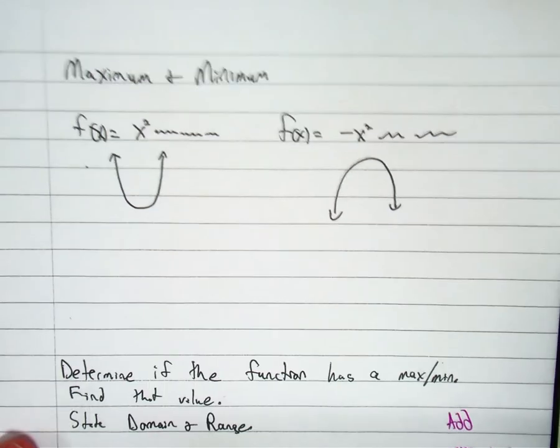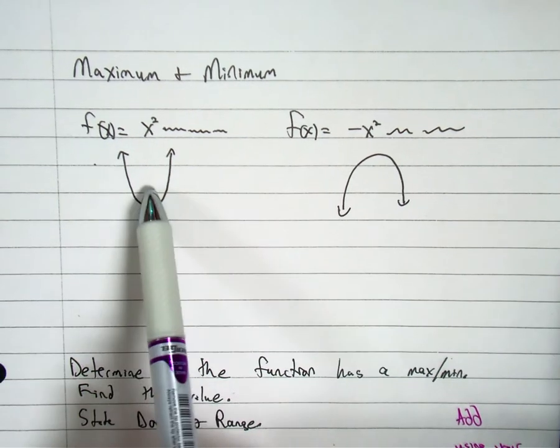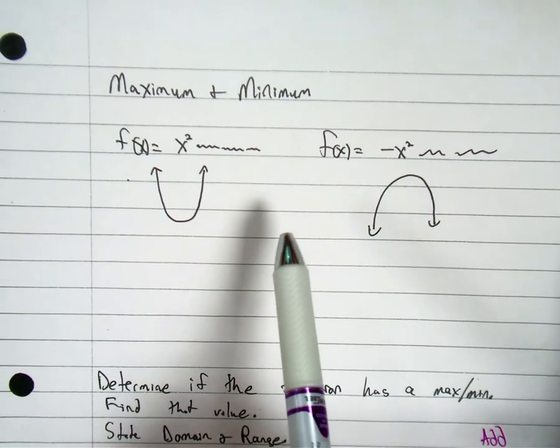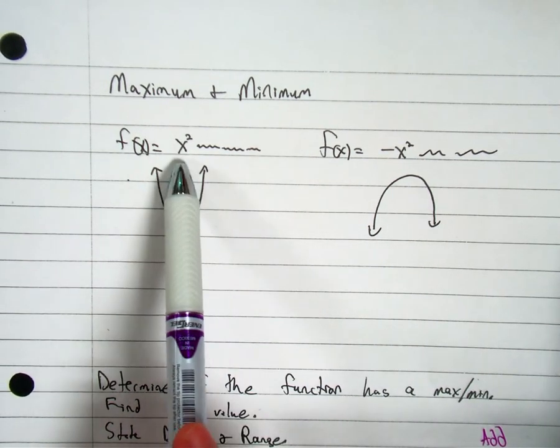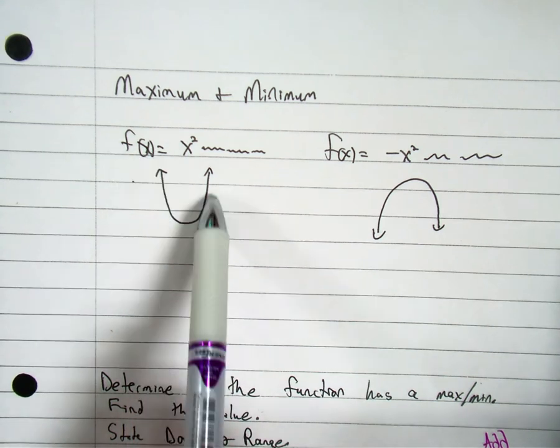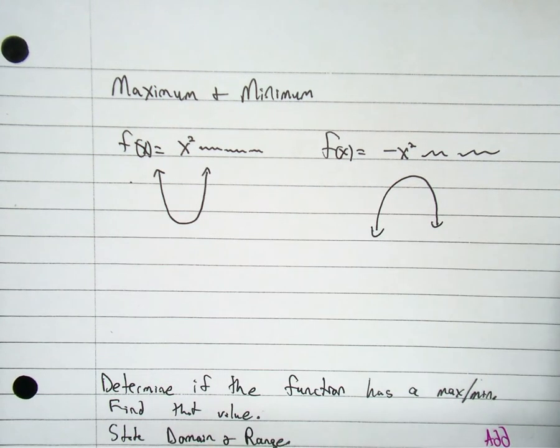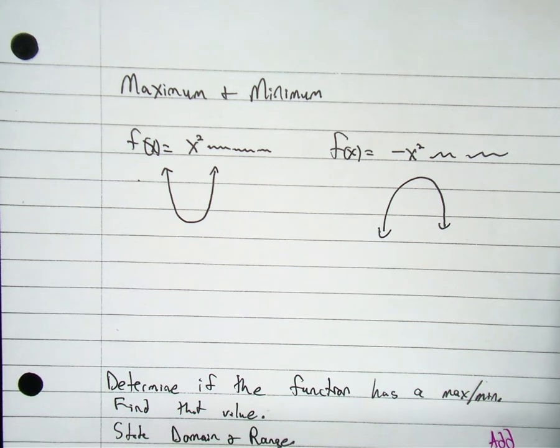All right. So we talked a little bit before about how I know it was going to open up or open down. Really easy way to tell. Positive x squared, the arrows go up at the end. Negative x squared, the arrows go down.